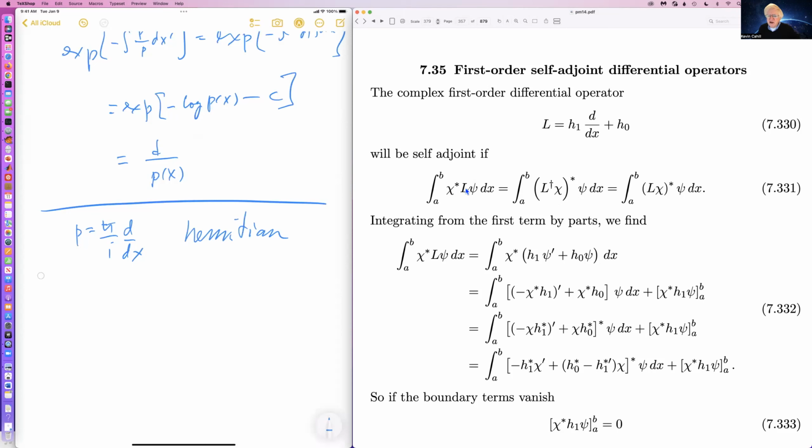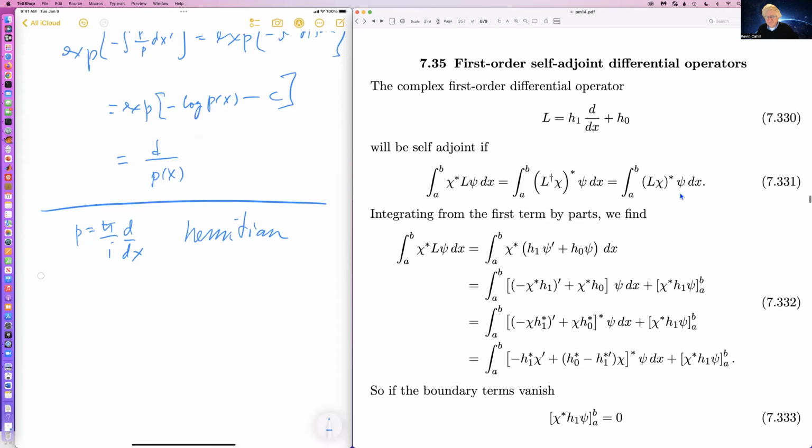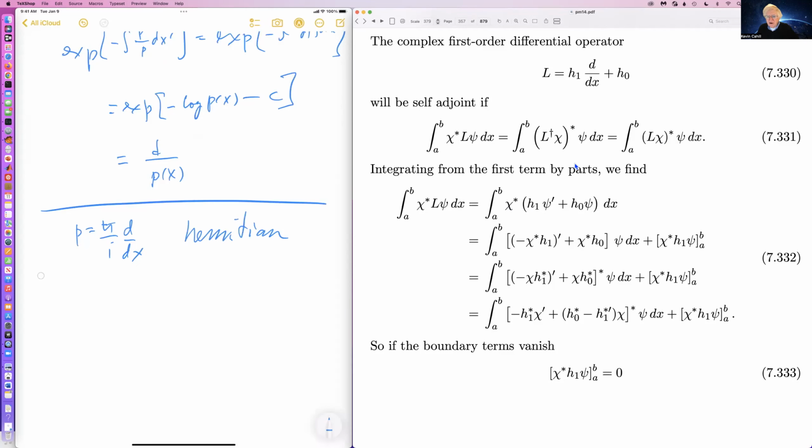What we would want is chi star L psi to be L dagger chi star psi, or L chi star psi. So we start out with h1 derivative plus h0, and we have chi star times this expression. Then we integrate by parts, and then we integrate by parts again.